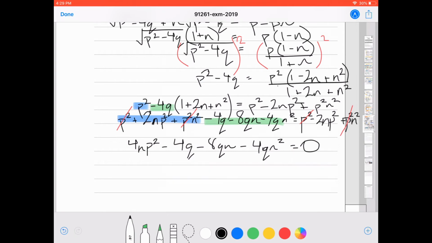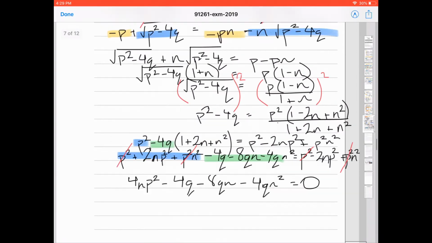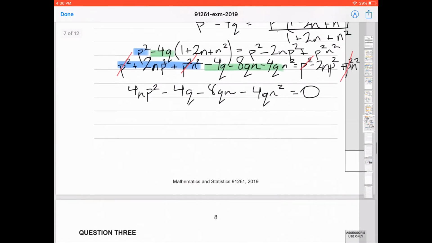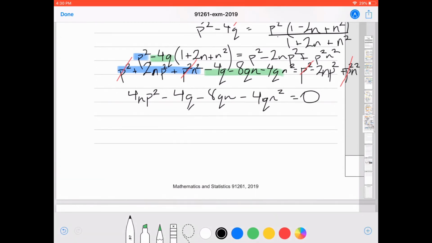Let's go back up to our model answer, or I'll show that equation, and you'll notice they've written it in basically n squared plus n plus q form, similar to ax squared plus bx plus c equals 0. And I think that's what we're working towards here. So looking for our n squared terms, yep, we've got 4qn squared.